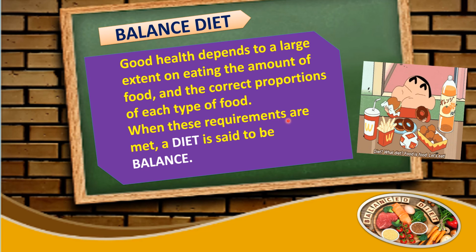When these requirements are met, a diet is said to be balanced. Again, correct proportions of each type of food. So what are those types of food? We have carbohydrates, proteins, lipids. Make sure the proportion is not too much, not too little.